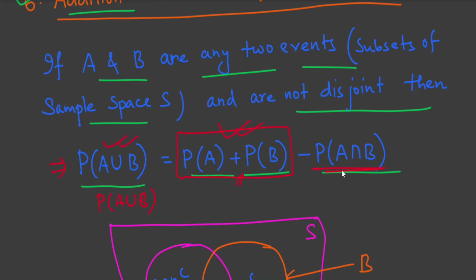That means we can write the inequality probability of A union B is less than or equal to probability of A plus probability of B. Why? Since we subtract a non-negative term, probability of A intersection B is less than or equal to this term, which is bigger. So this is also an important inequality.